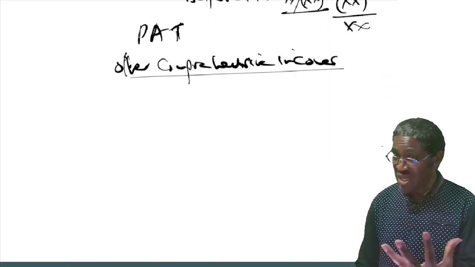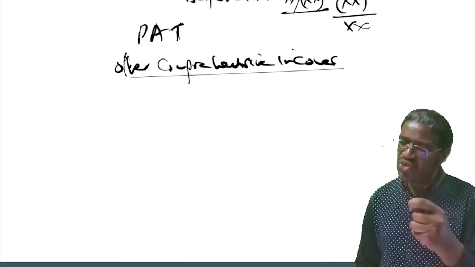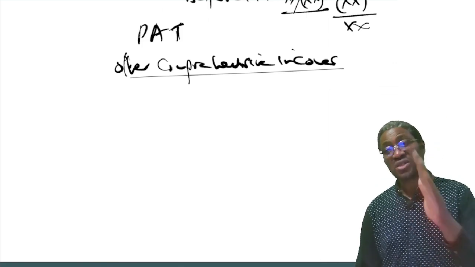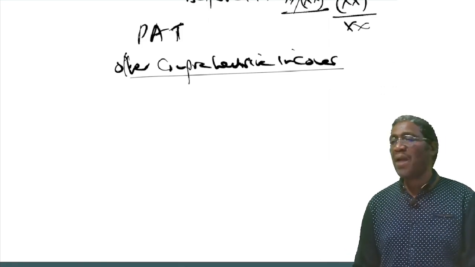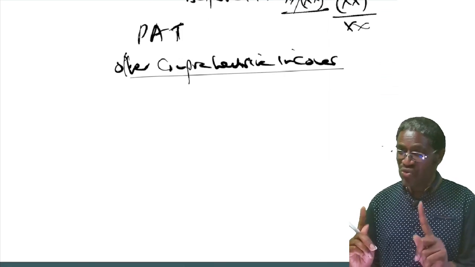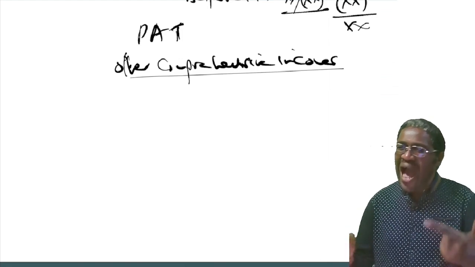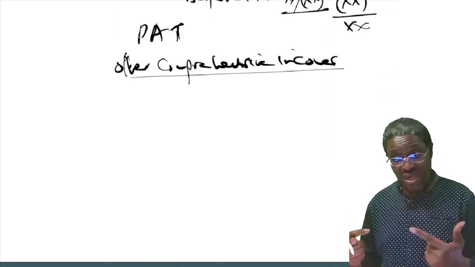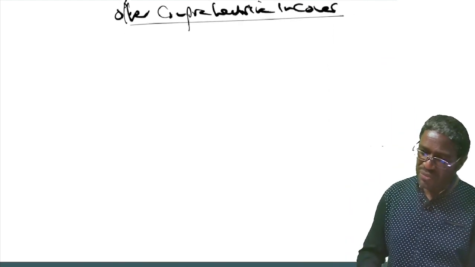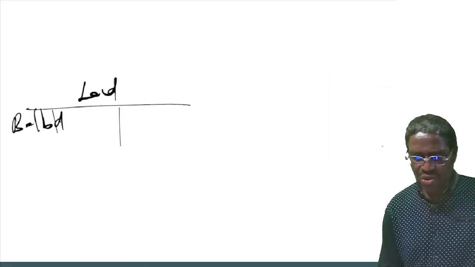Your company made a gain, but the rules of accounting for that gain don't require you to take it to the statement of profit or loss or to the P&L account. But you are allowed now to show it as part of other comprehensive incomes. Let me give you an example. Assuming as a company you have an asset, let's call it land, which has a balance brought down of 100 million.